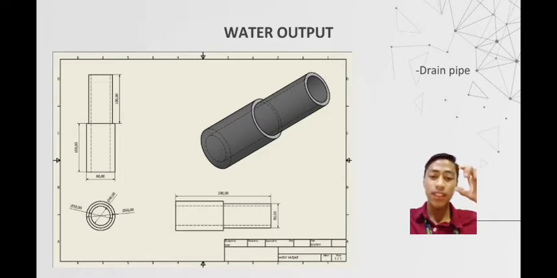It has the same holes, which is 40 diameter. The function is that all the dirty water from your washing is expelled from the machine via the drain pipe.